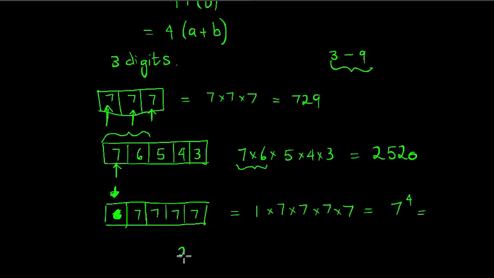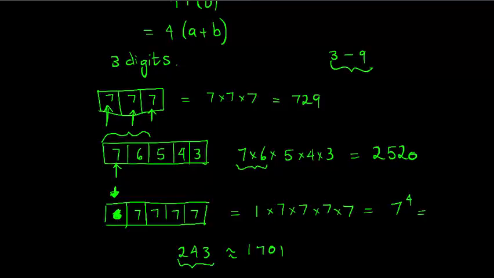I think 7 to the power of 3 is 343. I'm trying to do this in my head. I don't know it off my head, so use your calculator.